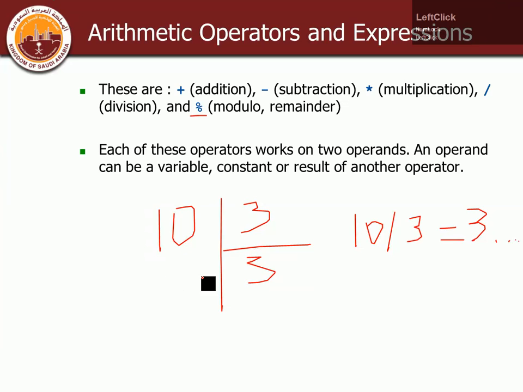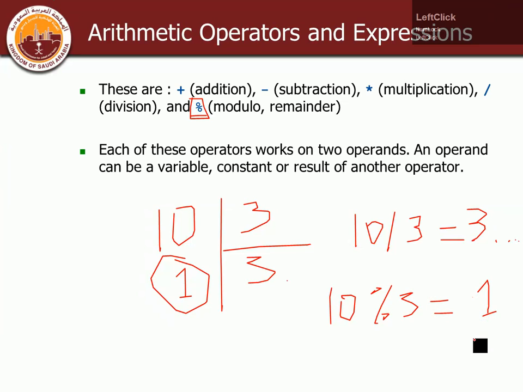But what is left after I have this? This is the 1. Before I go to the decimal values, what is left is 1. Well, actually, we don't divide this 1 by 3 with this modular division. If I'd like to get this 1, if I write 10 modular division 3, it's going to give me this one. So if I'd like to have this one, this is how to get it. This operator over here is the remainder of the division. I always explain it this way because I think it's easier.